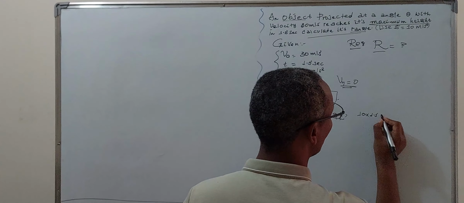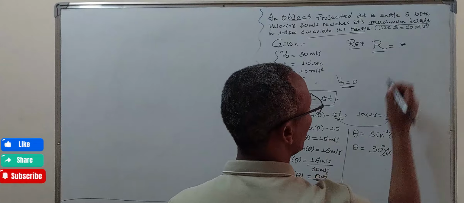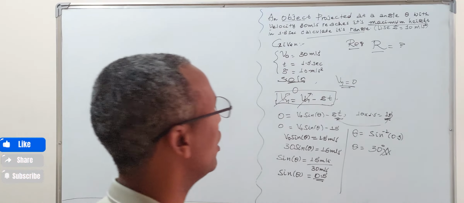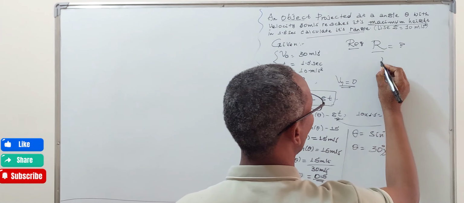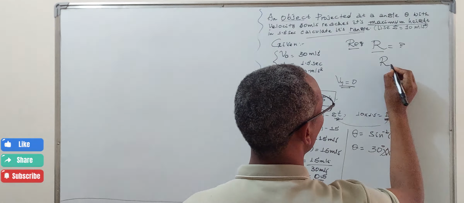Now we can calculate the range. From the previous session, as you know, the range of a projectile motion, or the horizontal component, can be calculated using V naught sub x times time t, which is the total flight time.